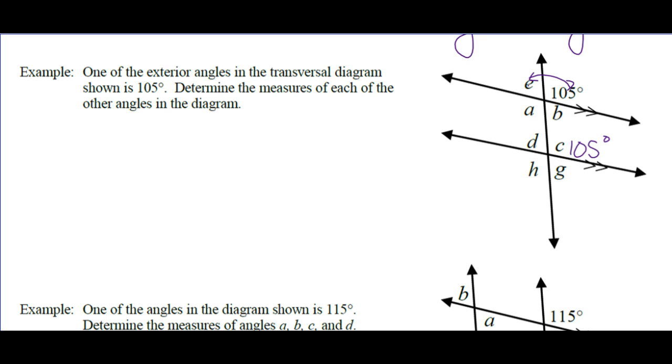They make a straight line. So they add up to 180, so this angle is 75. Now, that means the corresponding angle is 75. Or, because these make a straight line, if that's 105, that's 75.